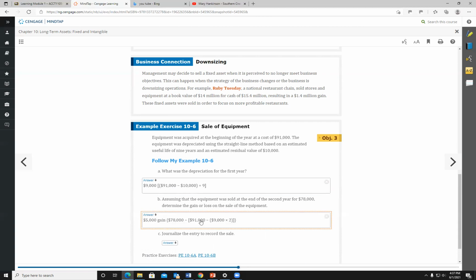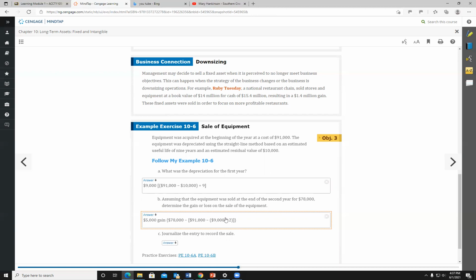All right, so we have $91,000. That is the original book value of the equipment. All right, we know based on straight line, it's going to decrease 9,000 per year. So we're going to take 91,000 minus 9,000 times 2. So basically $91,000 minus $18,000.